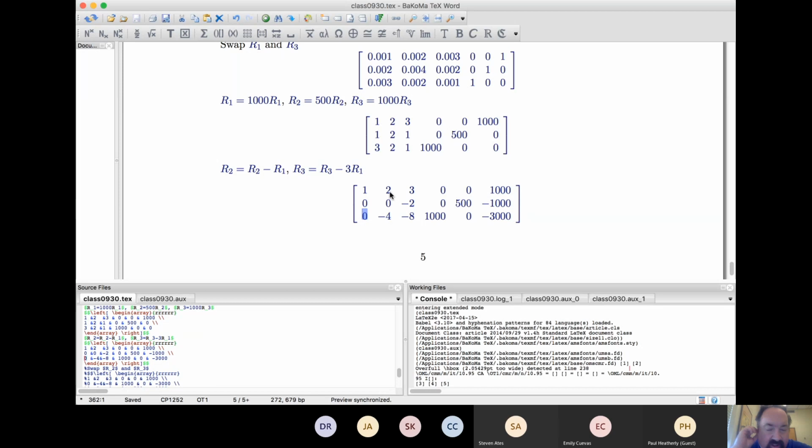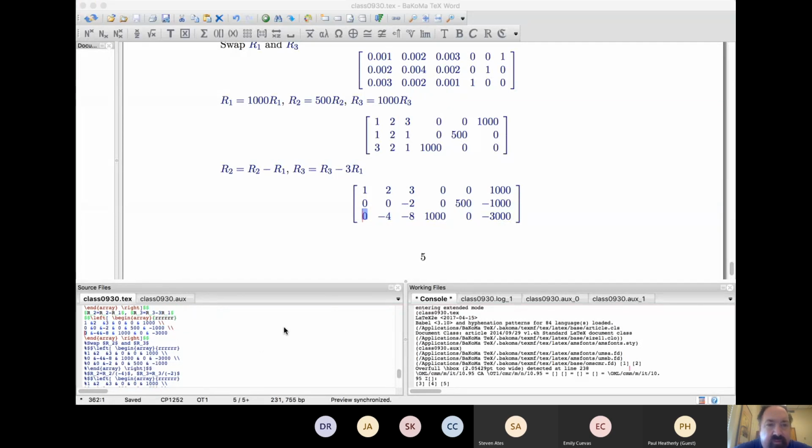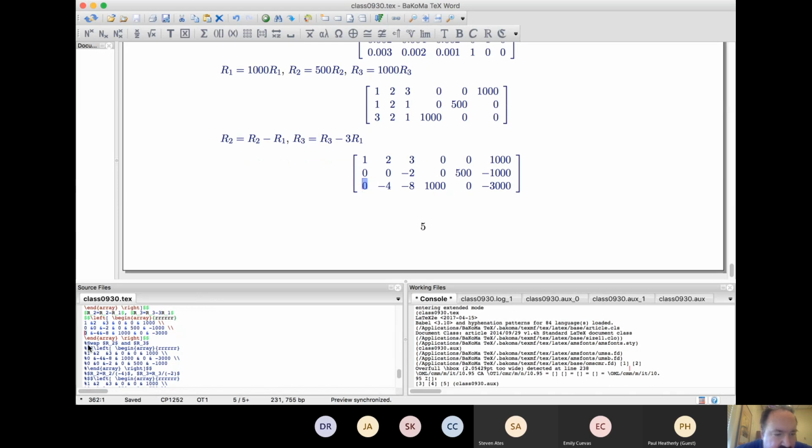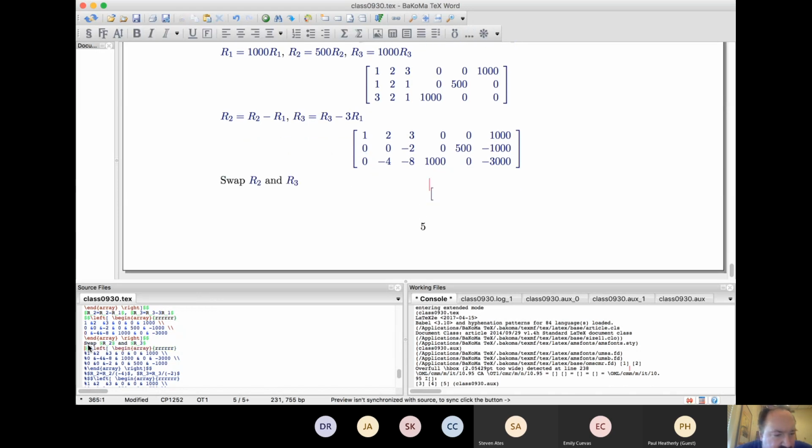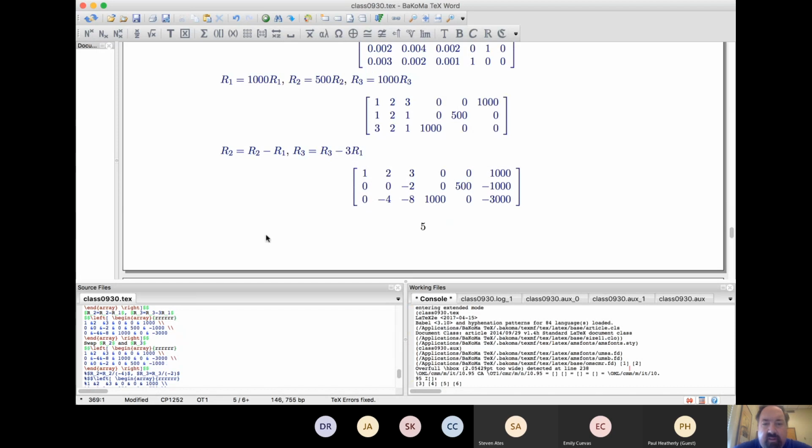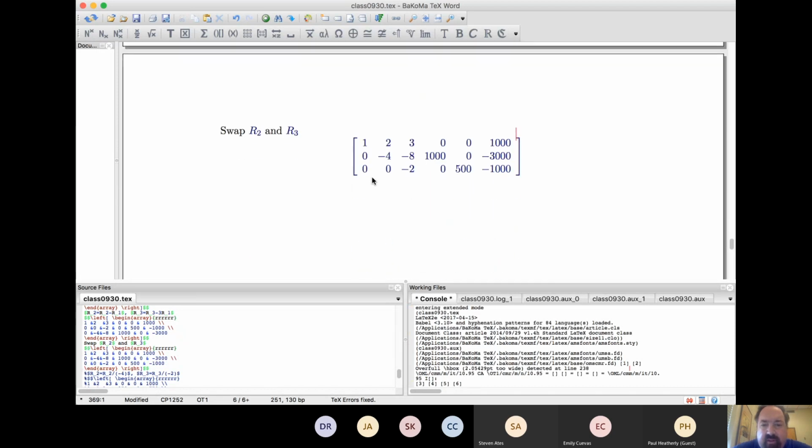So once I've done that, I would have echelon form if I swap the second and third rows. So I'll go ahead and do that. Okay, so now I've swapped those 2 rows.